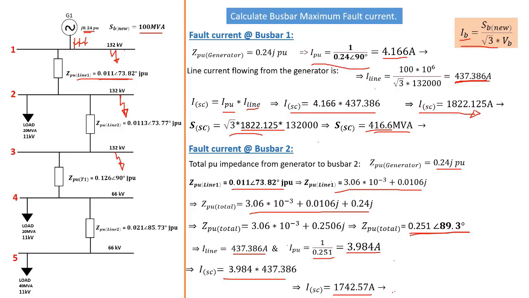Okay, now we may also calculate the short circuit MVA from the same busbar, and that will be about 398.4 megavolt amperes. We use the same process that we've done here; instead of using the line current, we now use the short circuit current here, and we found this.